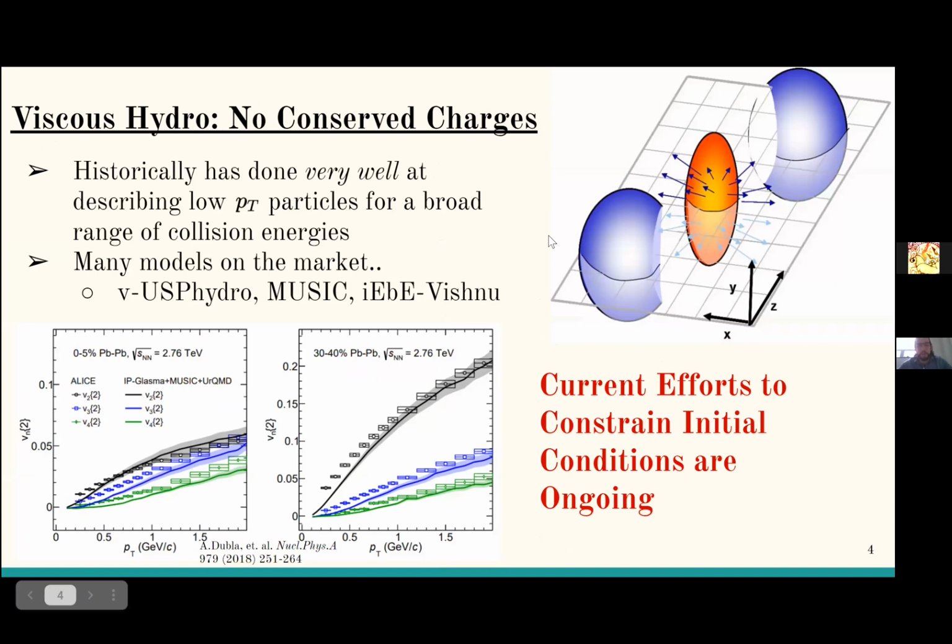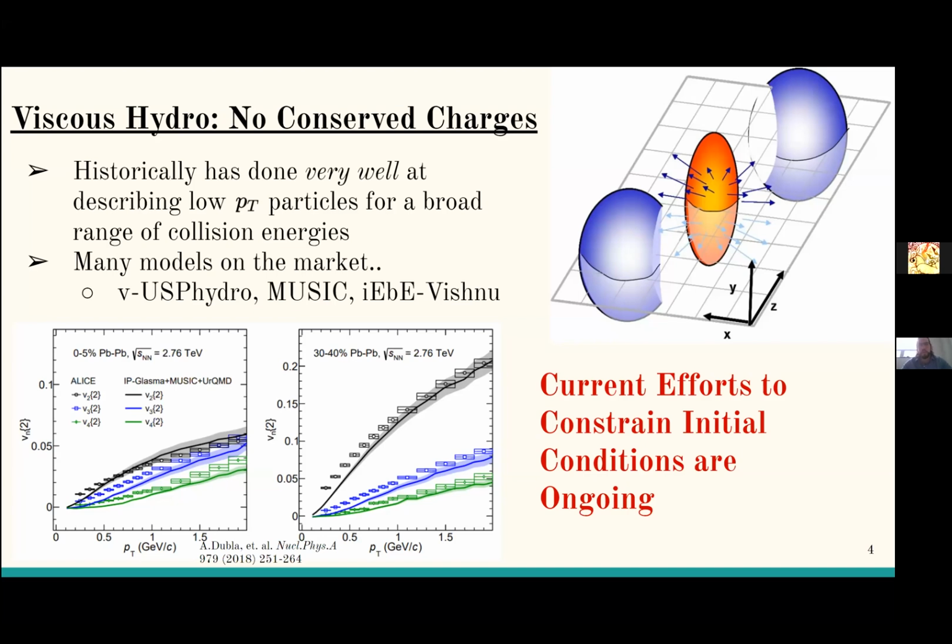There are many models on the market that people know about: VHP Hydro, MUSIC, Vishnu, and there are current efforts to constrain exactly what the initial conditions are. Historically, this has done really well to reproduce data at a broad range of collision energies, from TeV scale to GeV scale, and for a broad range of systems, from large systems like lead-lead to p-lead, what we would consider small systems, where we wouldn't necessarily expect hydrodynamics to work.